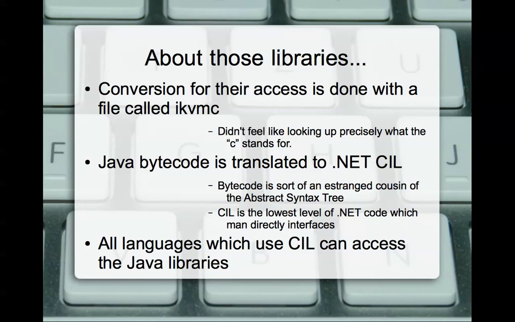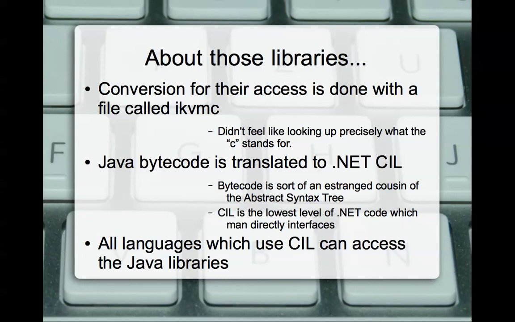So there's this program within IKVM called IKVMC, which translates the underlying Java bytecodes of the library files, and then turns that into CIL, which is common intermediate language for a bunch of other programming languages like C#, .NET Scheme.